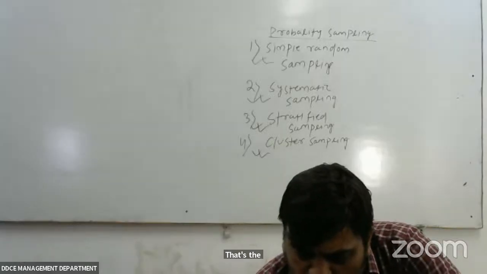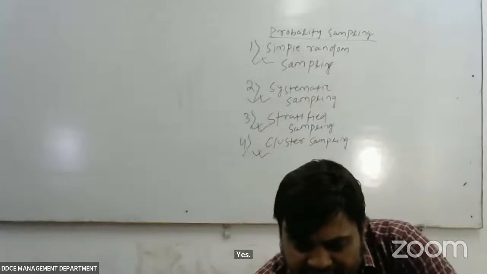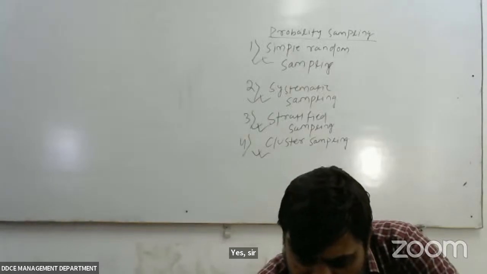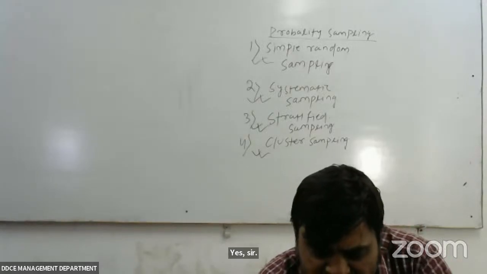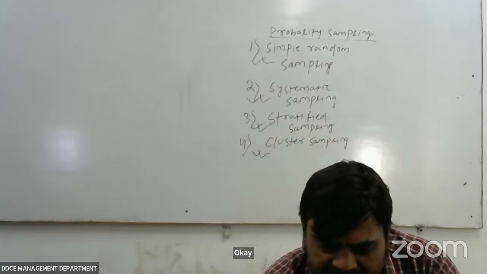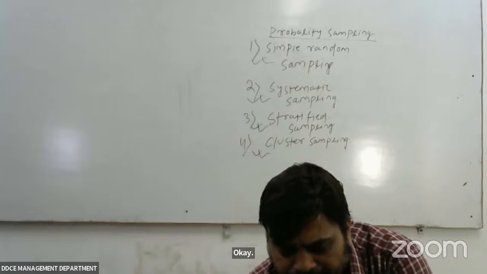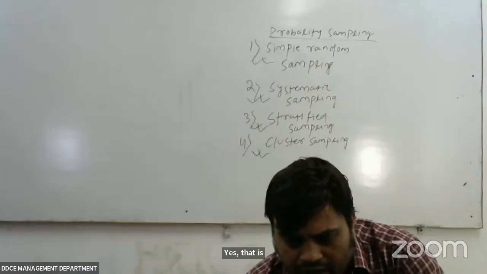So there are female students and there are male students. Now I will divide the total students based on gender. I will stratify by gender, one male and one female.